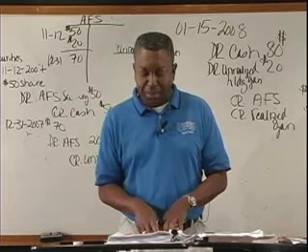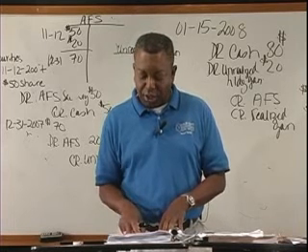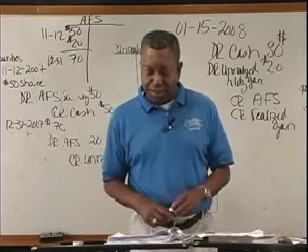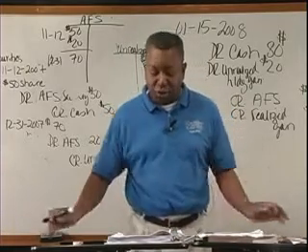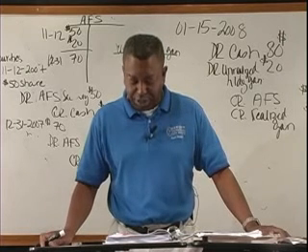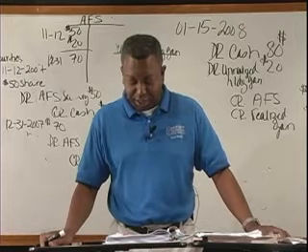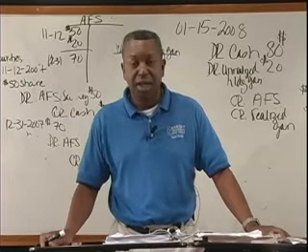So, APB 18 requires the use of the equity method when accounting for investments which give the investor the ability to exercise significant influence over the operating and financial policies of the investee.